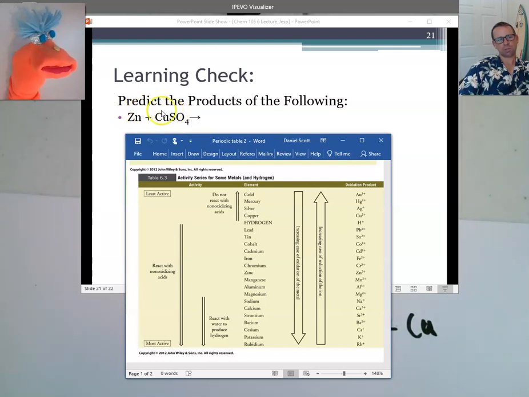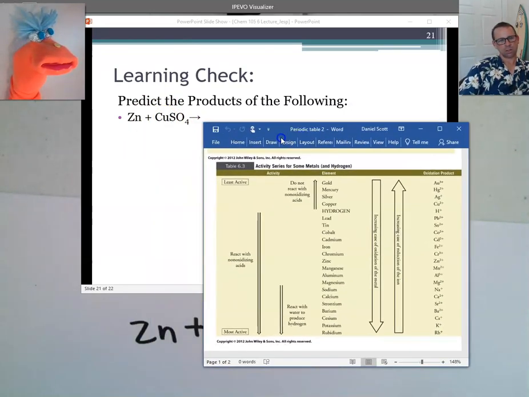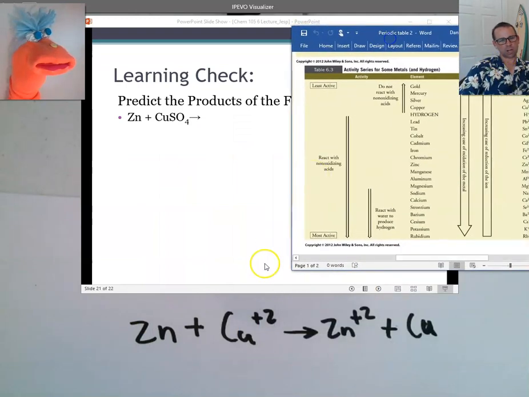Copper here in this species is a +2 charge. And if you didn't know that, well, we have to know that by now, right? You have to look at the polyatomic ion chart and find out that this is an ionic compound. So theoretically, we could tell what the products would be, kind of like what we showed down here. Zinc interacting with the copper ion to form the zinc ion and the copper metal.